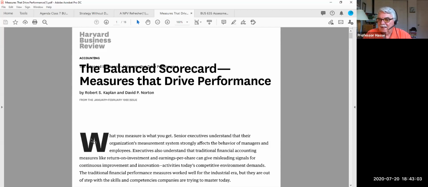Another approach to that strategy is called the Balanced Scorecard. That's why I gave you this article. Some companies say, we're going to have this division of our organization do a SWOT analysis, and we're going to have this division do a Balanced Scorecard analysis, and let's see what they show us.